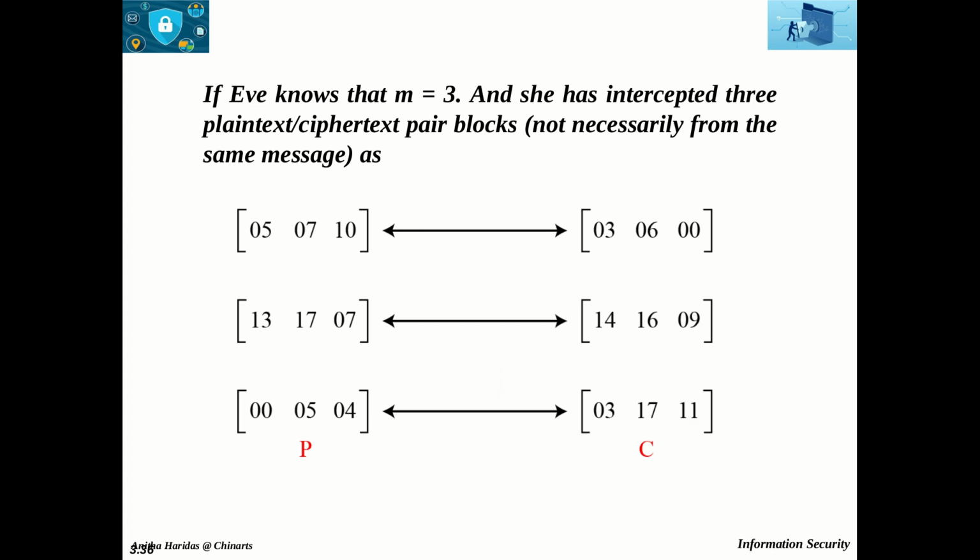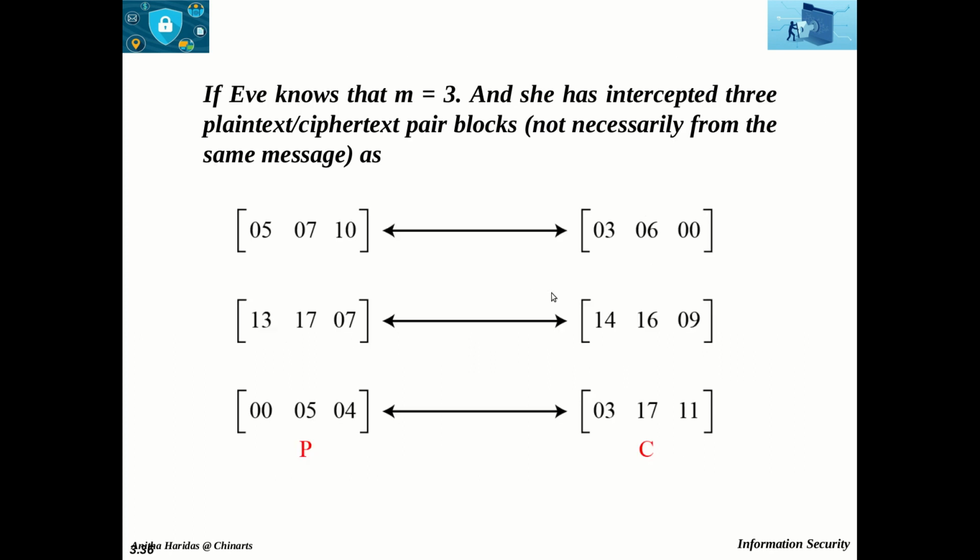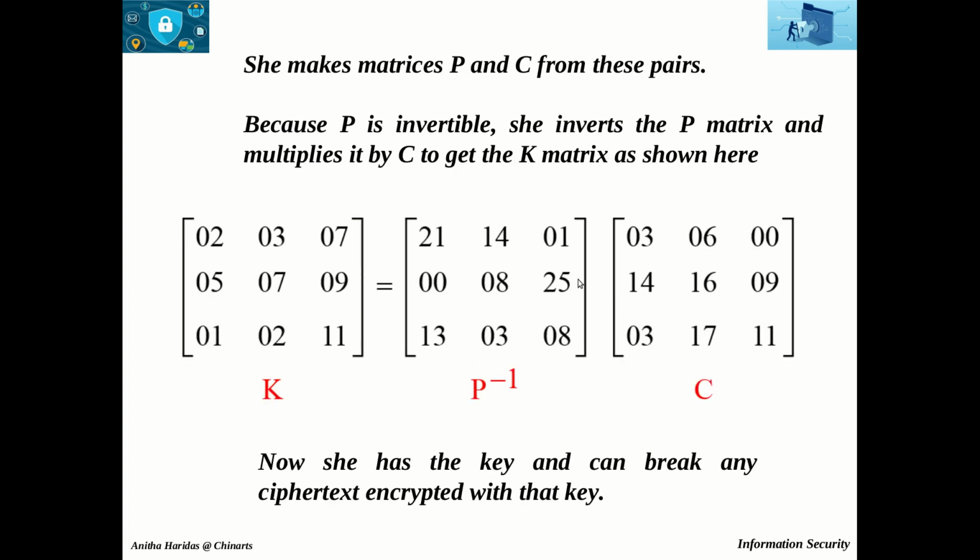Suppose, for example, the attacker knows that the m value is equal to 3, then she has intercepted 3 plain text and ciphertext pair blocks, not necessarily from the same message as this one. So this will be the plain text and this will be the ciphertext. So plain text and ciphertext pairs will be collected by her, and then she is going to make these pairs.